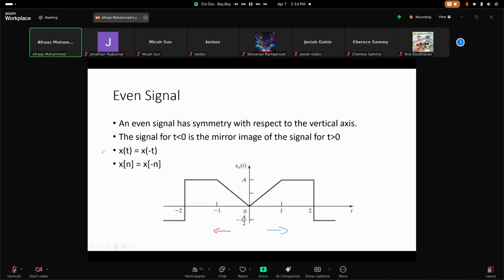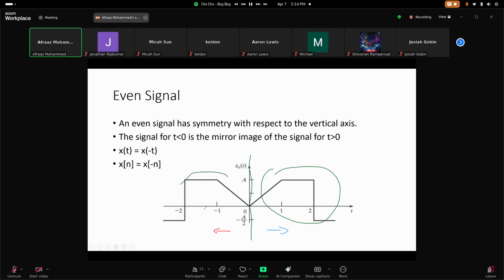It's a symmetry with respect to the vertical axis, the y-axis. If you were to mirror what's on the positive side, you will get what is on the negative side. So this type of signal is considered an even signal.